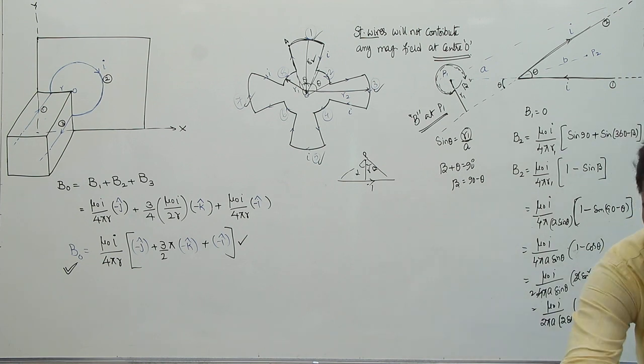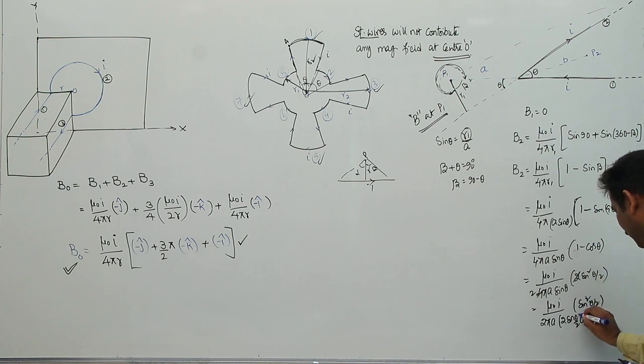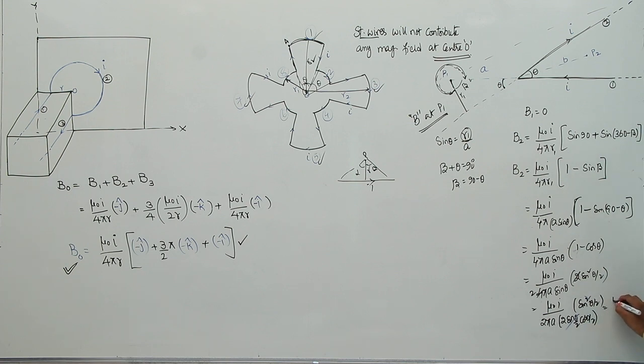Once again you can cancel sine theta by 2 with sine theta by 2. Here we have 2 into 2, 4. This will become mu naught I by 4 pi a sine theta by 2 by cos theta by 2, which you can write as tan theta by 2.